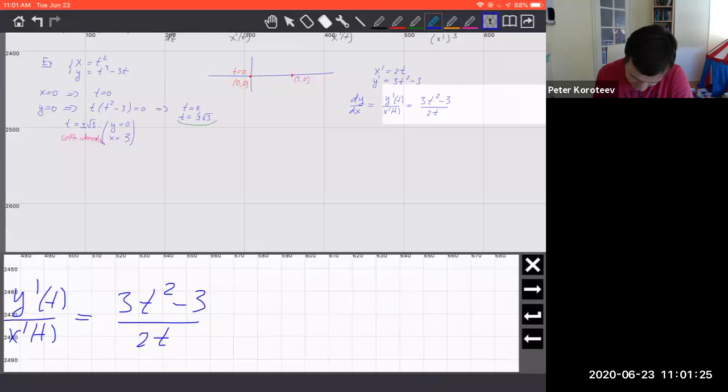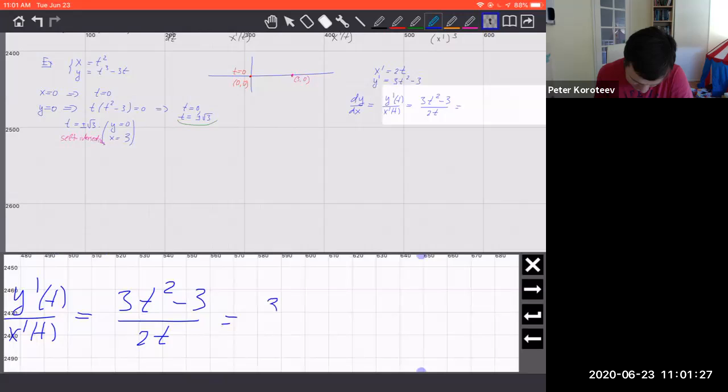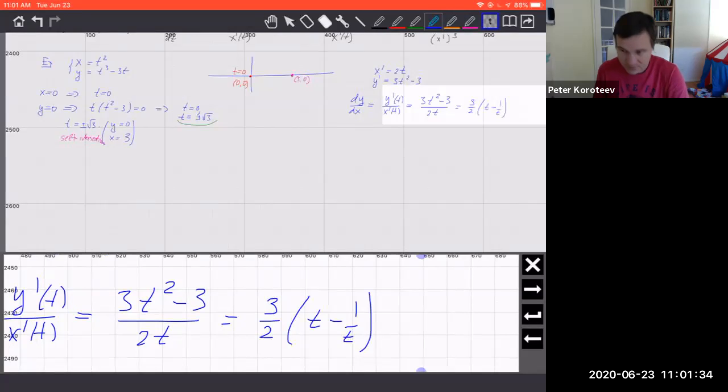You can write it as 3/2 times t minus 1 over t. That's not really much of a simplification, just a different way to write it.